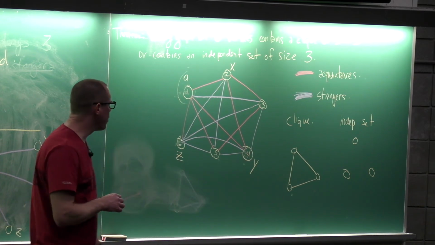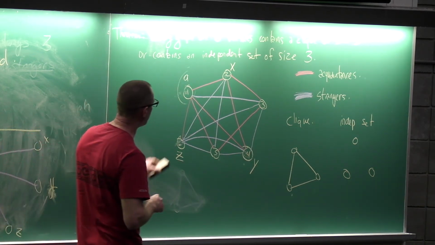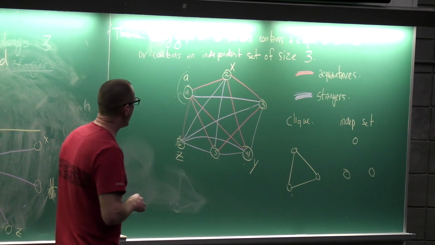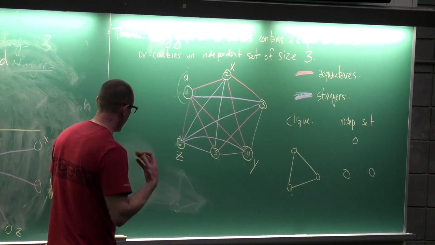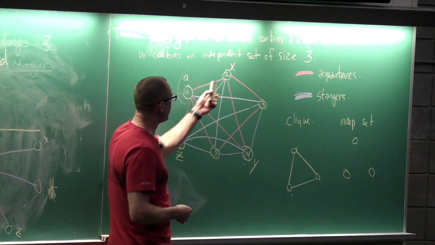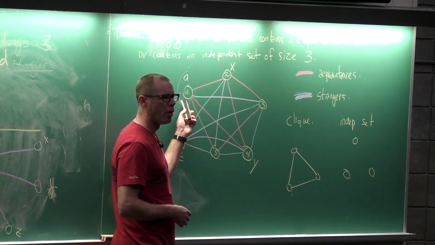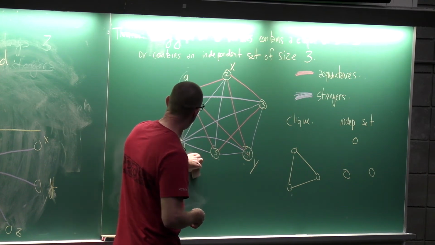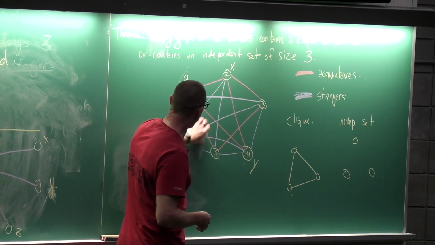So why is that the same statement as starting with the complete graph and 2-coloring the edges? Well, in an arbitrary graph, some of the vertices have an edge between them and some of them don't. So just think of it as, well, the strangers don't have an edge between them.